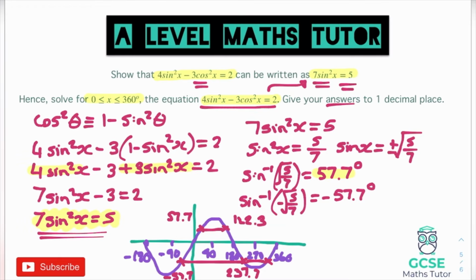For the one next to it, we can do 360 take away 57.7, and that gives us our final answer of 302.3. Now, of course, there is another point on the graph, as I've gone into the negatives, just here, but that falls outside of our 0 to 360 range, so that's not going to be a solution that we can use.